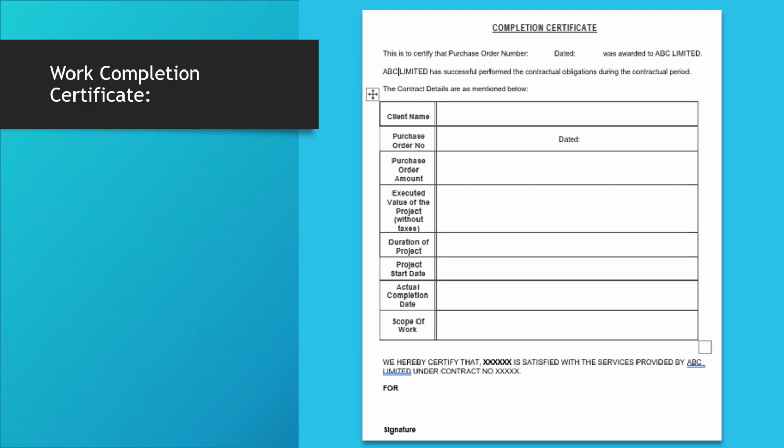So this is the format that I have developed, wherein you have the PO number, the date, the client name, how much of the value is executed of the project without taxes, the duration, the start date, the completion date, the scope of work, and saying that the client is satisfied with our services. So this is a very essential document. It's a must once you complete any project.